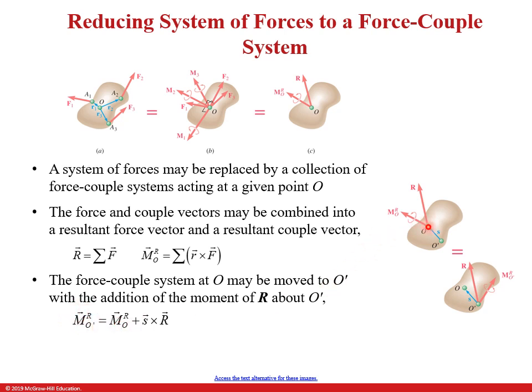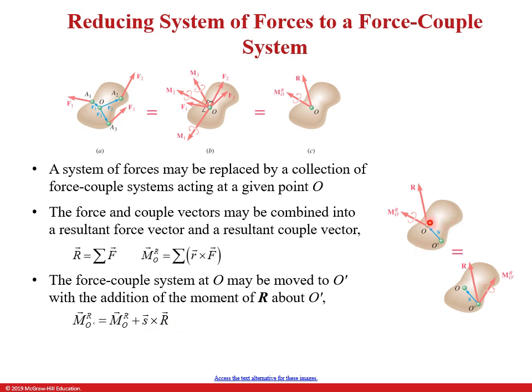So basically, if you take and move this force couple system to O prime, a certain distance S, you can figure out that moment at O prime by just adding the moment at O, plus the cross product distance crossed with R, right?